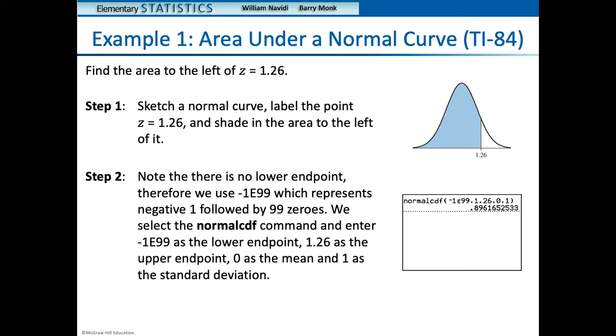Now, when it comes to inputting values in the calculator, the method we use for the lower endpoint is we plug in -1e99. It's worth pointing out that when we're shading the area to the left, there's not really a distinct left endpoint.